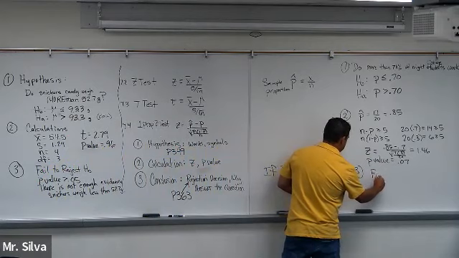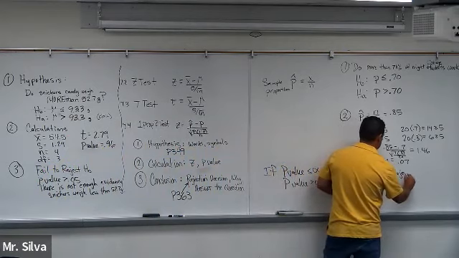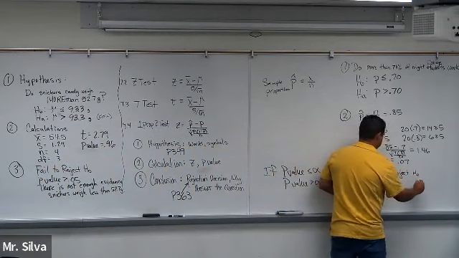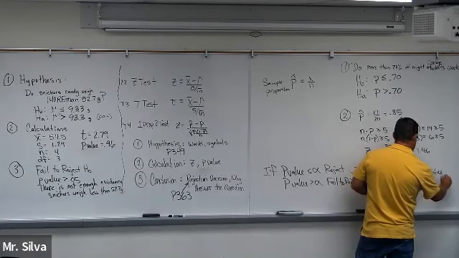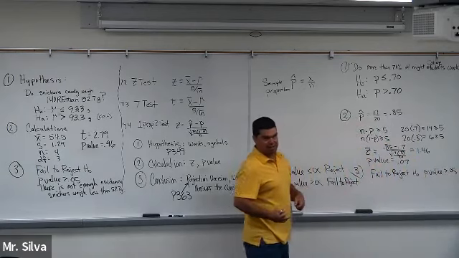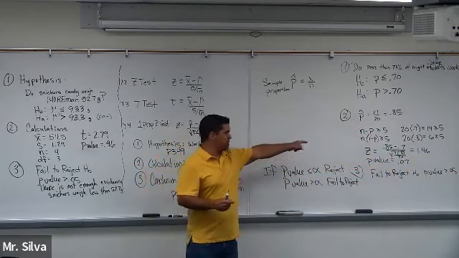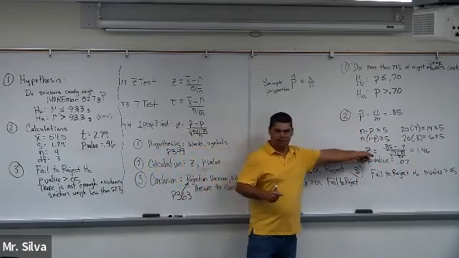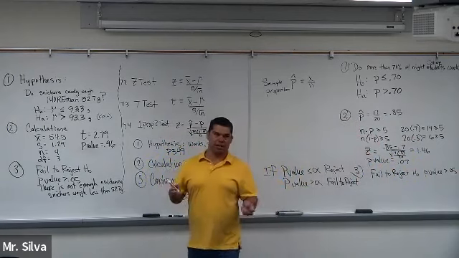I'm going to fail to reject. Again, you don't have to write it. I used to be a stickler and be like, hey, you didn't write the p-value, you got it wrong. But the p-value is right there. I just wrote it right above. So as long as you cite that. Again, you could use rejection regions if you want.